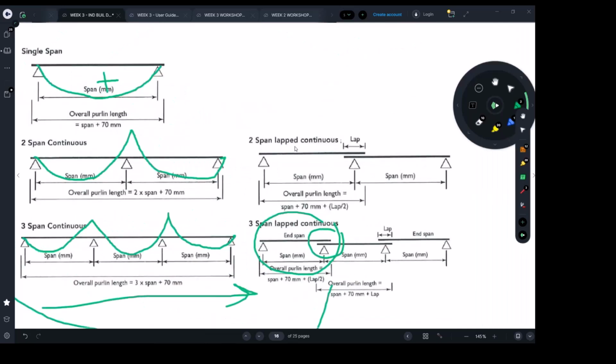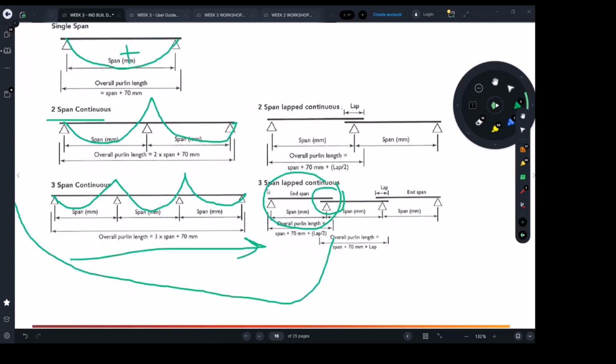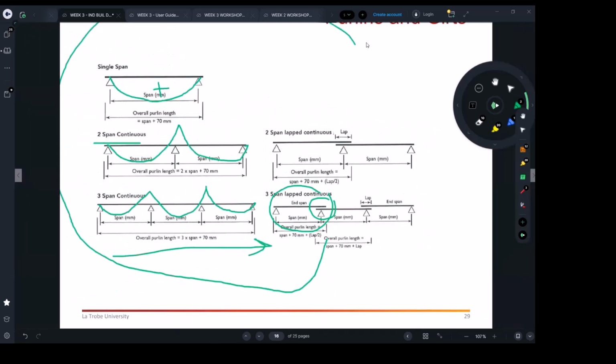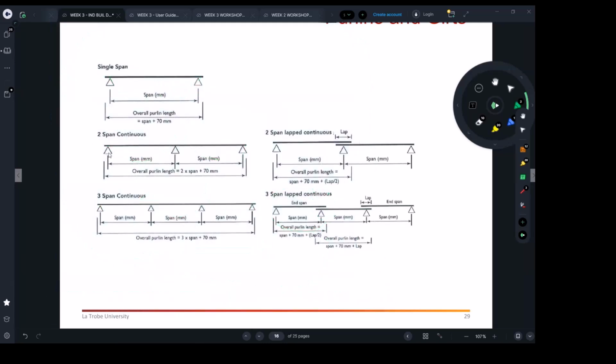Just pay attention. There are 2 types of continuous. There is a lapped continuous, and there is just a single piece, where the one piece is actually continuing. There is no lap. It depends again on whether you are able to bring long trucks into your site.